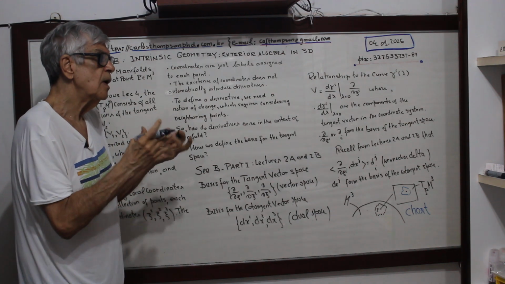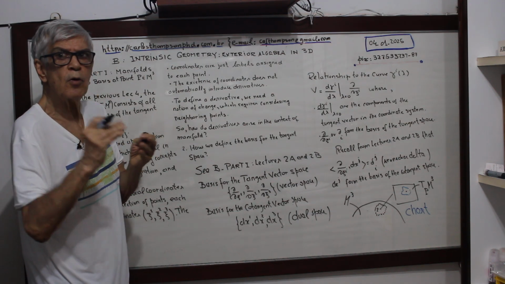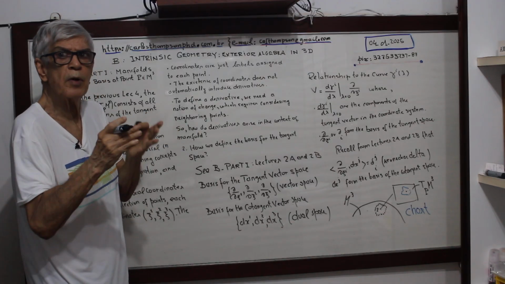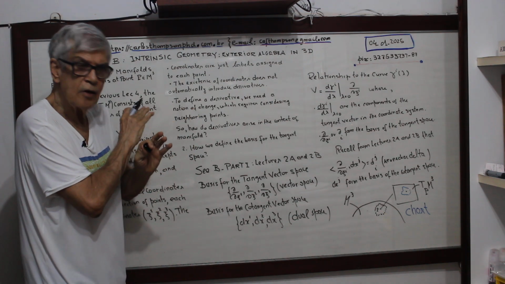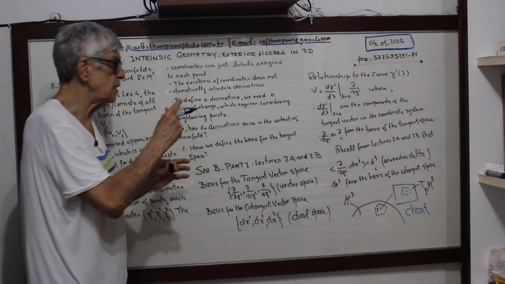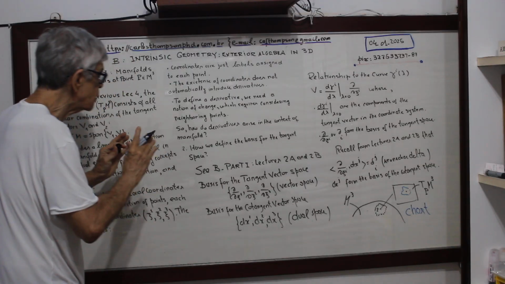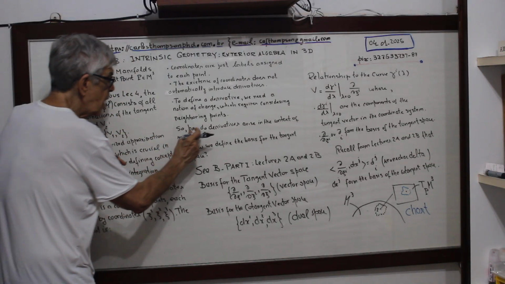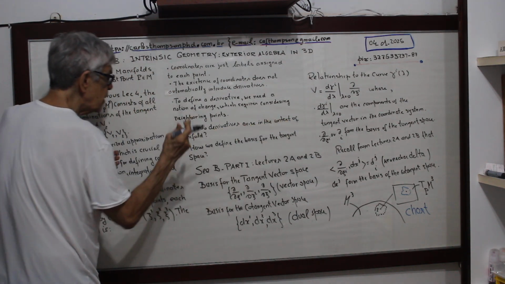You have x0, then the next point is x0 plus delta x. Here, the concept of derivative in this manner does not happen. That's important here. So, how do derivatives arise in the context of a manifold?